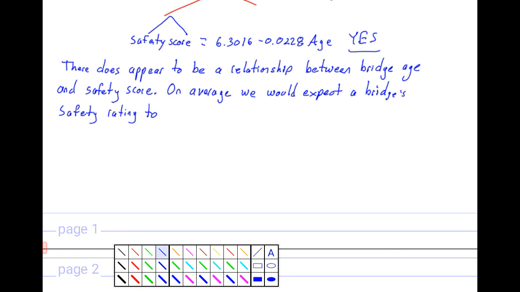So we would expect the bridge's safety rating score to drop by the slope, which was negative 0.0228, points for every year of age the bridge has existed.